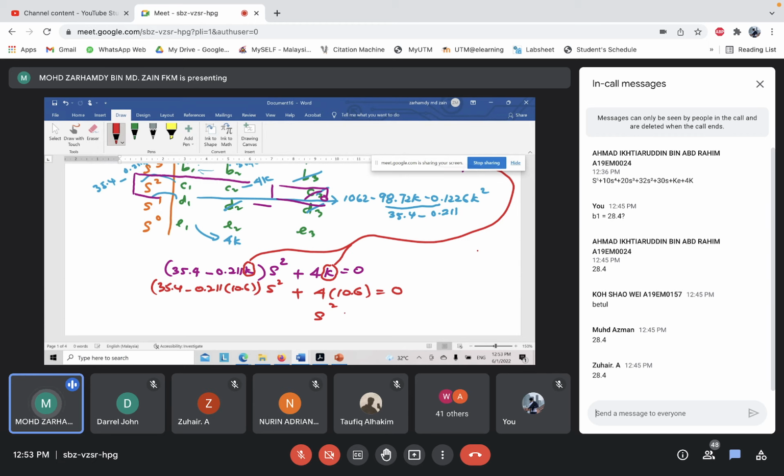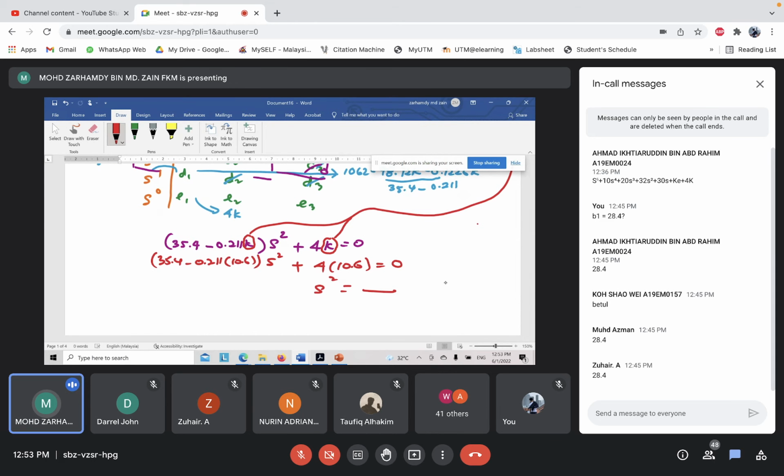So S square, you do it later, by mathematics you will get the answer, and lastly you will get plus minus J around 1 point something. You need to do some extra time on exercises to get this answer.